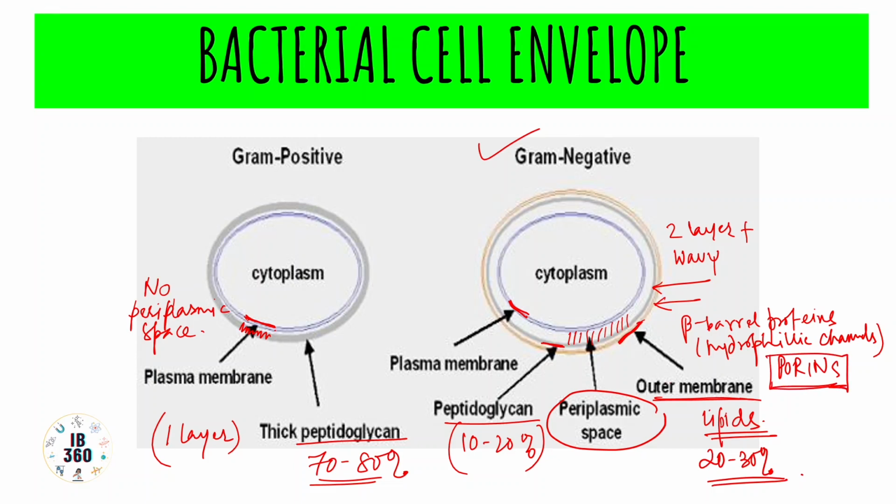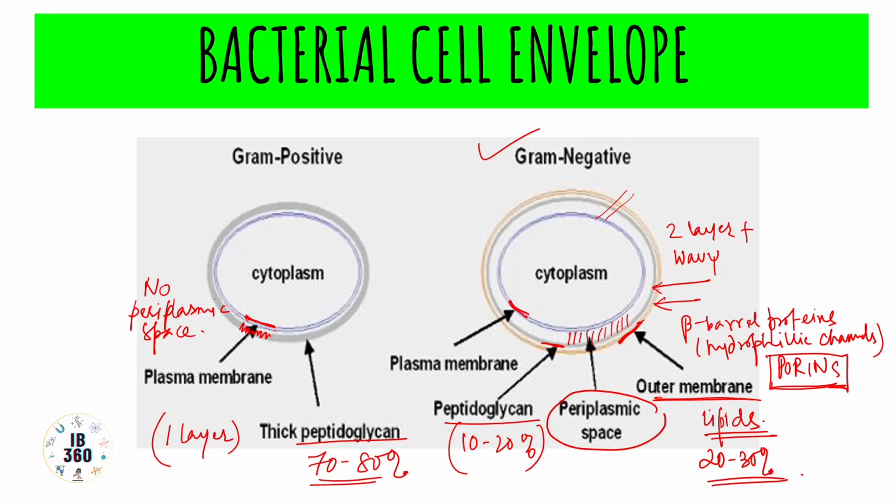These are hydrophilic channels, because lipid is extremely hydrophobic. This entire composition is hydrophobic. So in order to let certain hydrophilic material enter, these beta barrel proteins are installed at various locations throughout the outer membrane of the cell wall of gram negative bacteria.